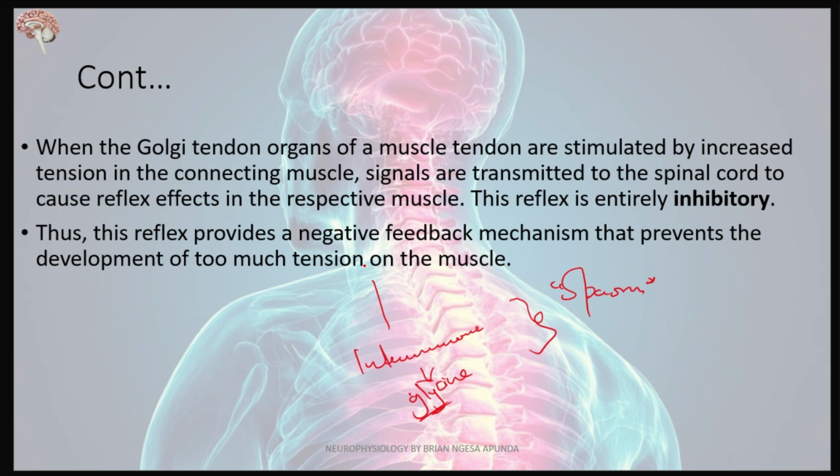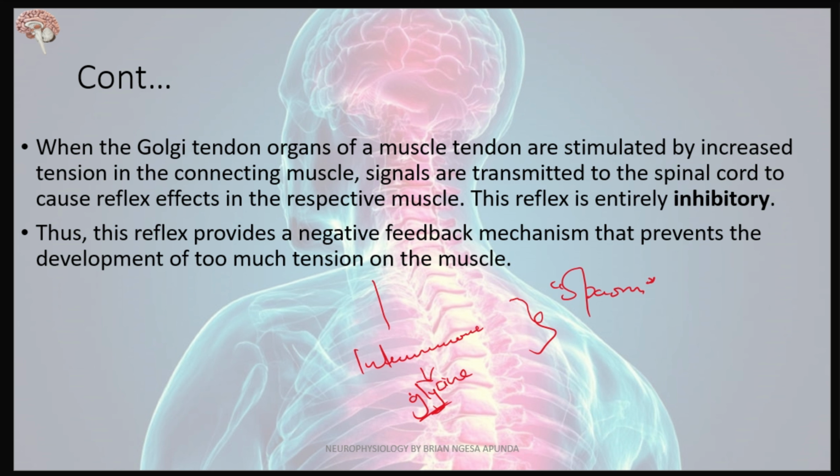So when the Golgi tendon organs of the muscles are stimulated by increased tension in the connecting muscles, the signal will be transmitted to the spinal cord, as we've been able to demonstrate in that image. And upon reaching the interneuron, it will be able to generate a respective reflex.